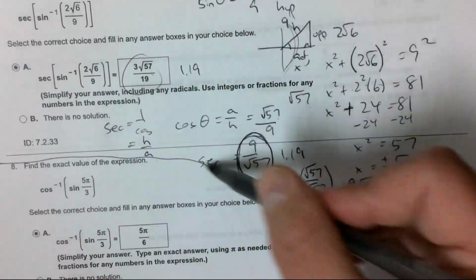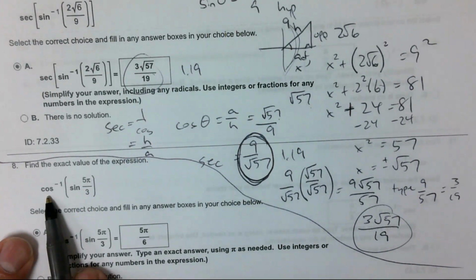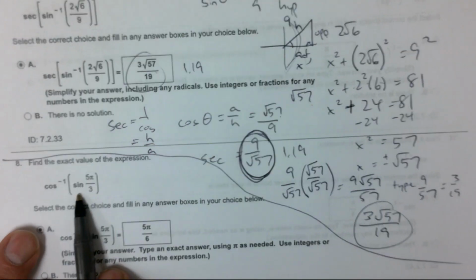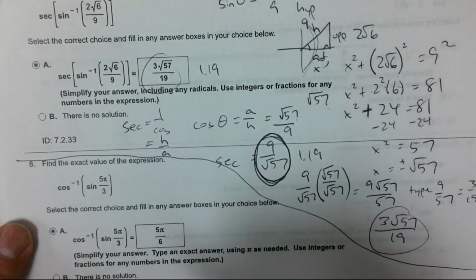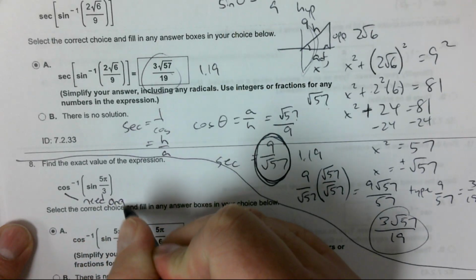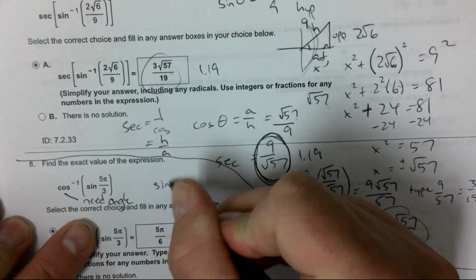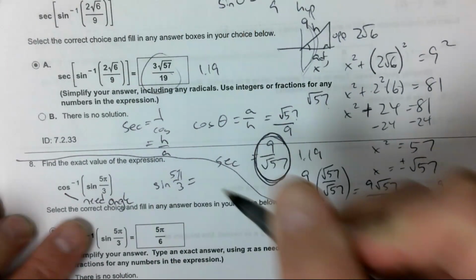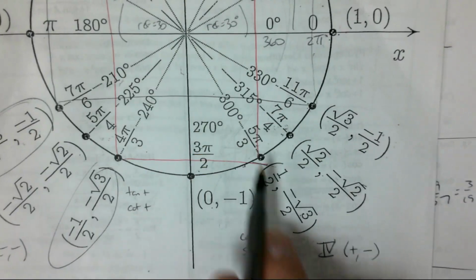Okay, next we have this one, and we're doing inverse cosine of sine of 5 pi thirds. So this one, we need the angle. We're looking for the angle. So what we do first is say sine of 5 pi thirds is what? So 5 pi thirds, the y value is negative square root of 3 over 2.